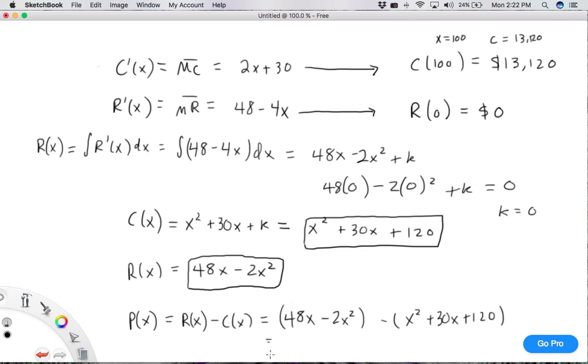We're going to find out this is equal to, let's see, negative 3x squared, right? Negative 2x squared minus another x squared. Now we have 48x minus 30x, so that's going to be positive 18x, and then we have subtracting 120. So this is going to be our profit function right here.